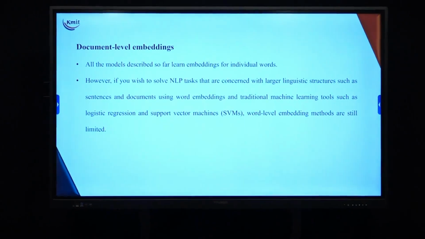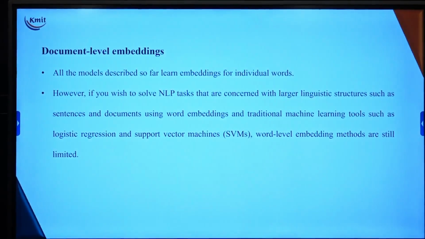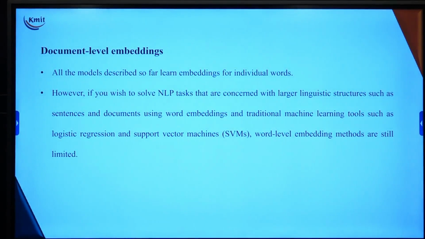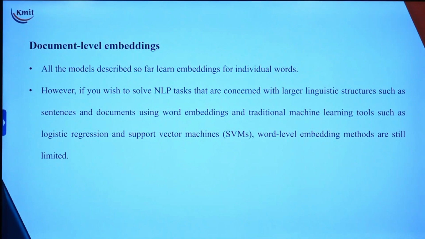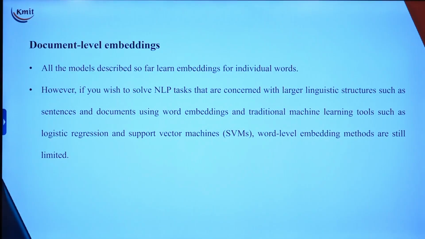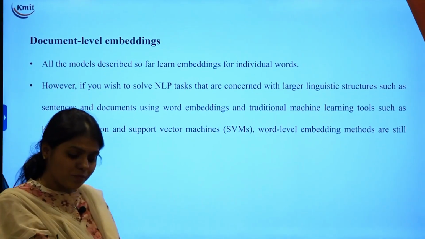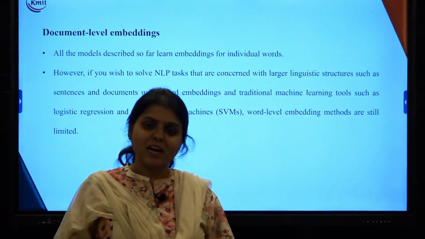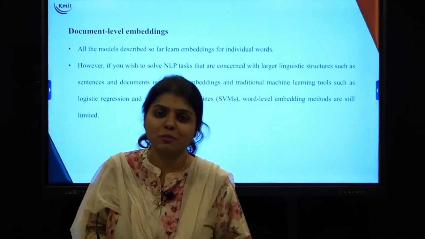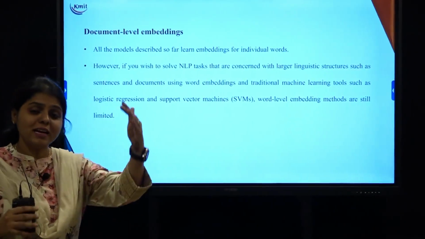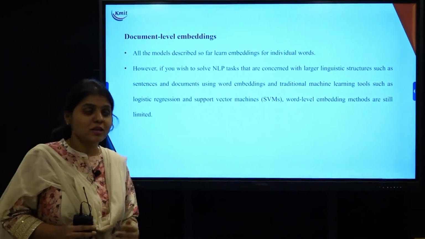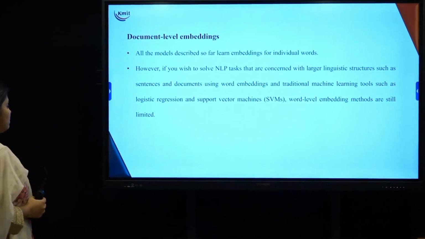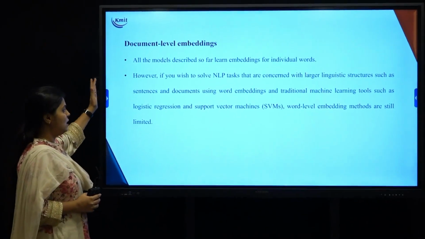If we are working more on NLP tasks, we will be concerned with larger linguistic structures. We started with words, but using words we form sentences, and using sentences we may prepare documents. When you take the entire document into the picture, we consider document level embeddings.